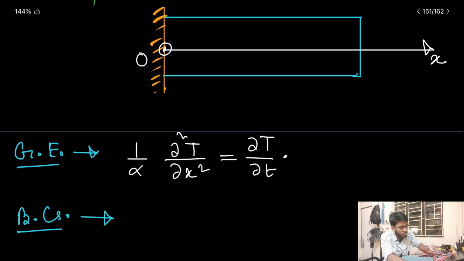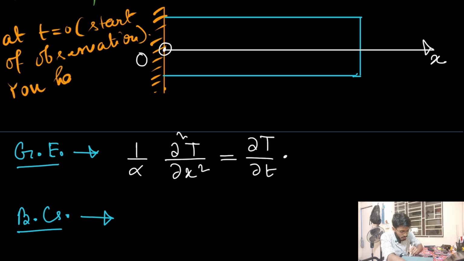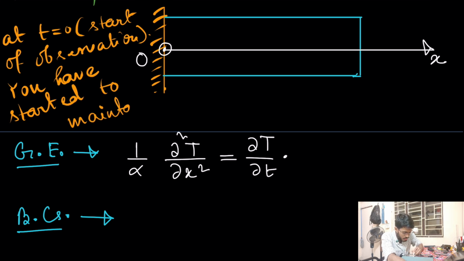The exact problem was that at time t equal to 0, that is the start of observation, you have put a heater in this region so that you can maintain the temperature at x equal to 0 equal to some T1.